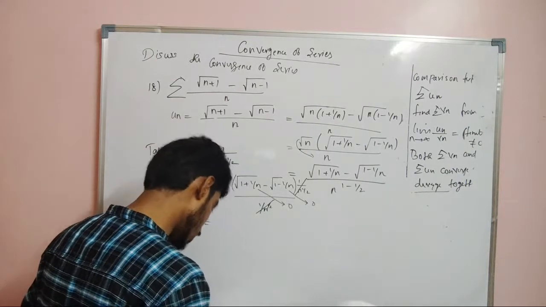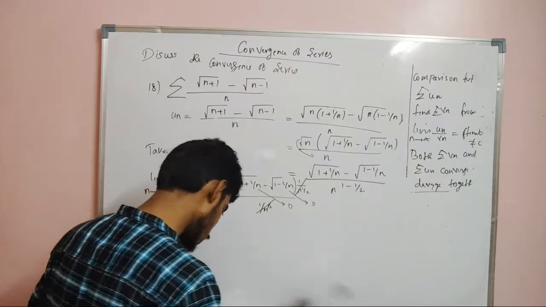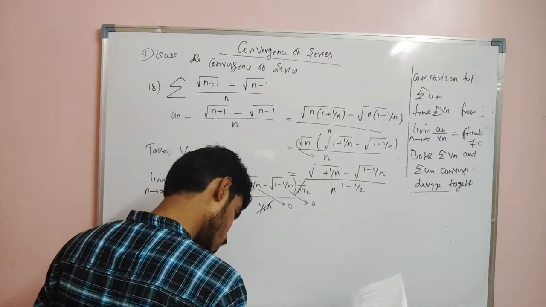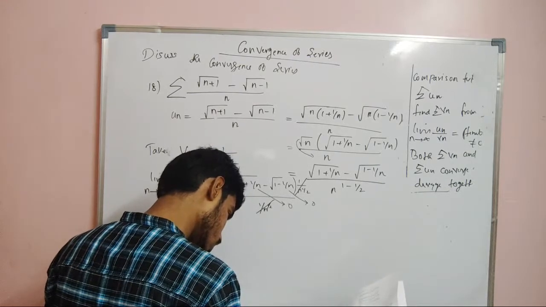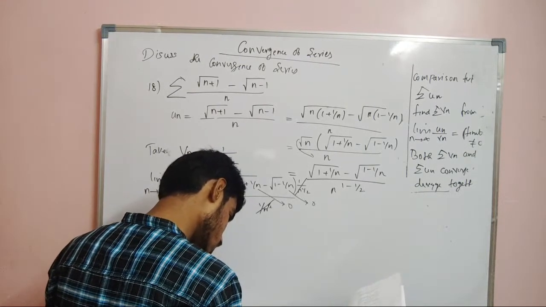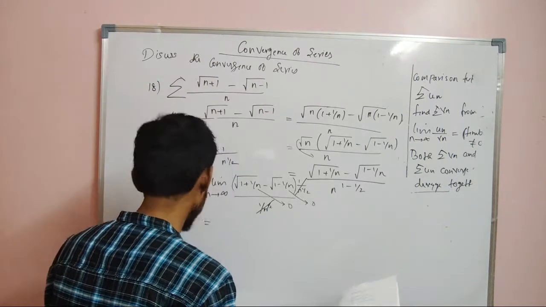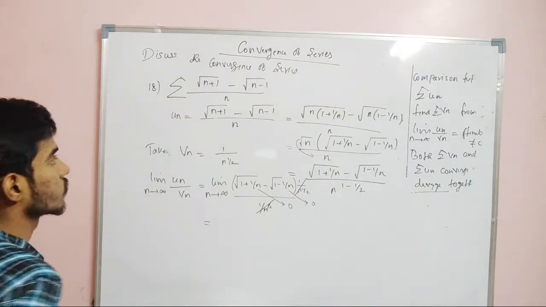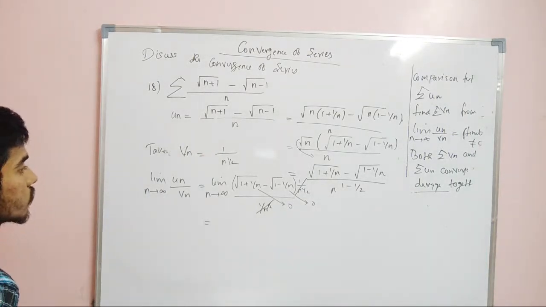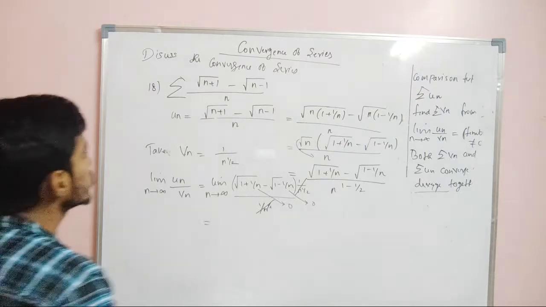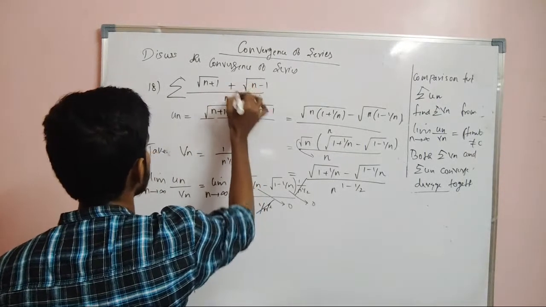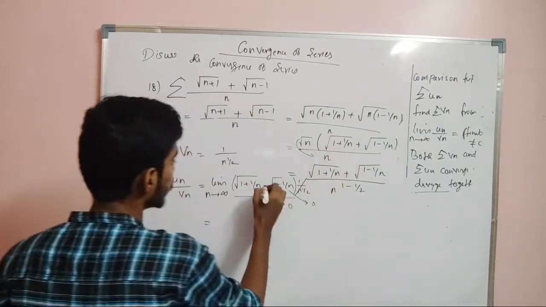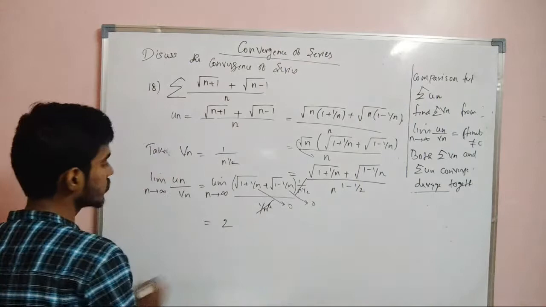Here we are getting 0. Okay, just change this to plus. Right, so this tends to 2, which is fine and non-zero.